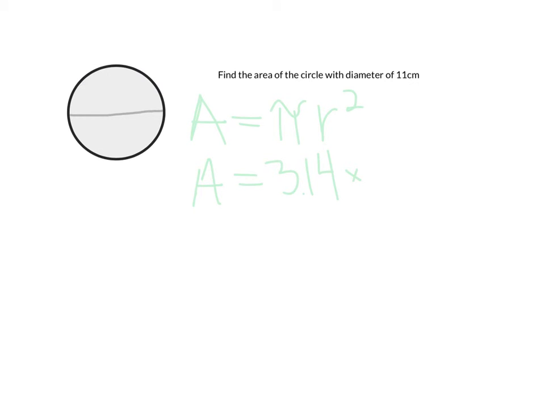Now in this problem, we are given the diameter of 11. So we need to figure out what is the radius. Again, from last week, we discussed radius and diameter. The diameter is double the radius. So therefore, if the diameter is 11, the radius is half, which would be 5.5.